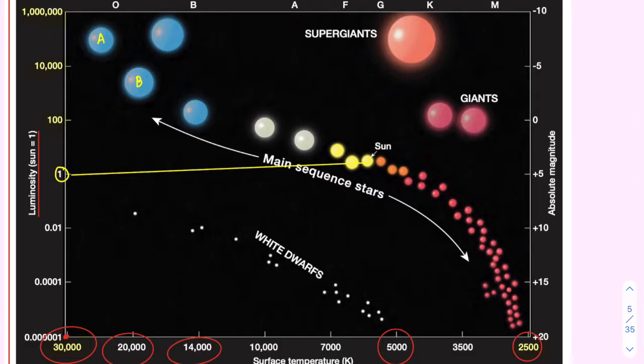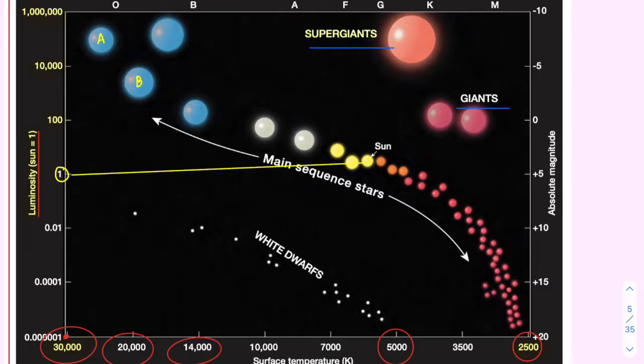As you can see, the supergiants and the giants are on the upper part of the Hertzsprung-Russell diagram. And do note that if you are in the upper portion of the y-axis, and again the y-axis is luminosity, you get higher luminosity. And as you can see there, that is where your giants reside.